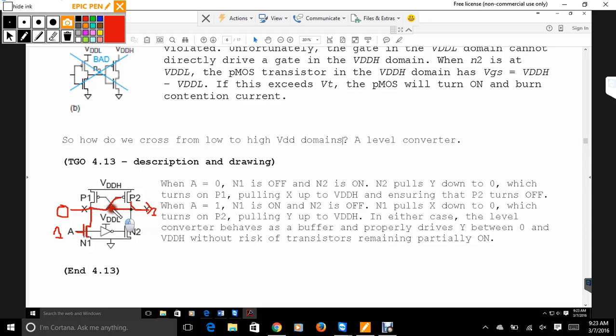Which means P1 is going to be off, which is going to make this a strong 0 for the appropriate supply voltage for VDDH here. And it's going to be a strong 1 because this one's going to be inverted to 0. Now it's going to be on, and that P2 is going to be on there.